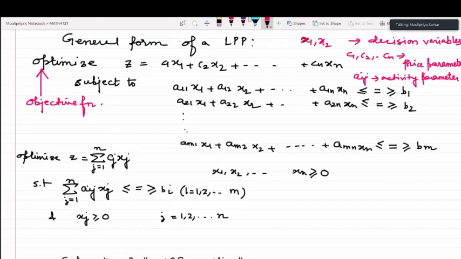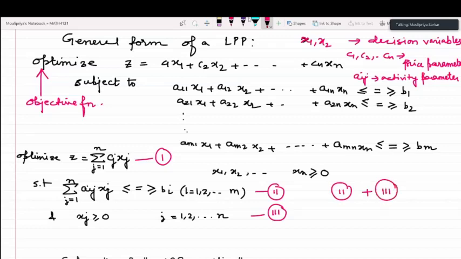The decision variables which satisfy the constraints, let me put it 1, let me put it 2, and let me put it 3. So the decision variables that satisfy the constraints, that is 2, and the non-negativity condition, that is 3, are said to be the feasible solution.